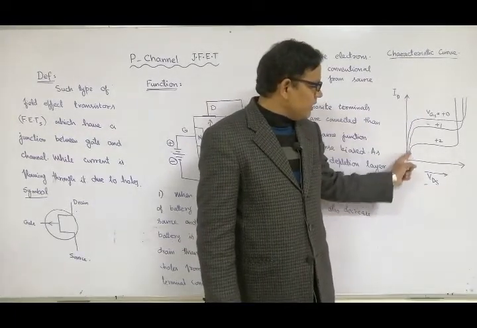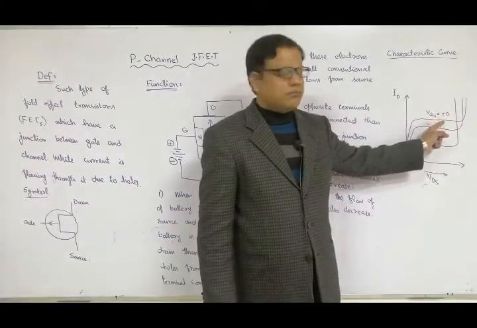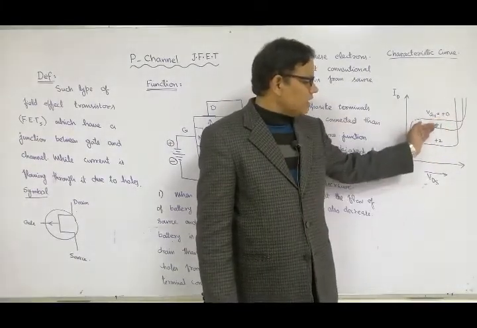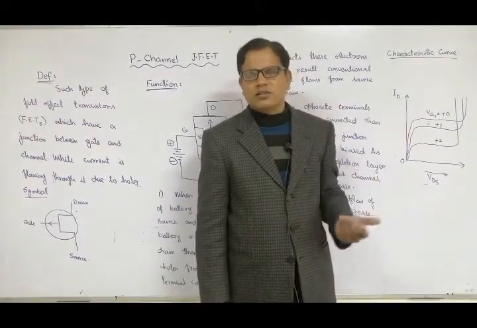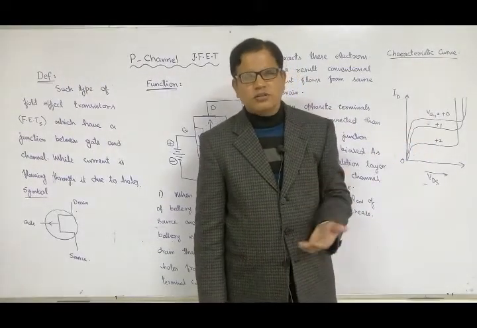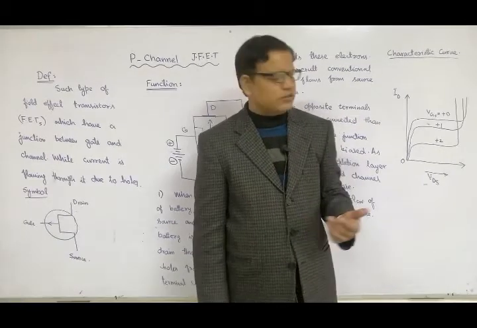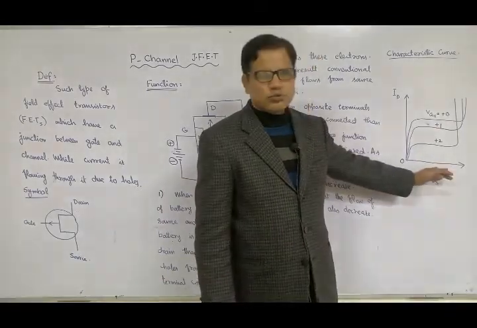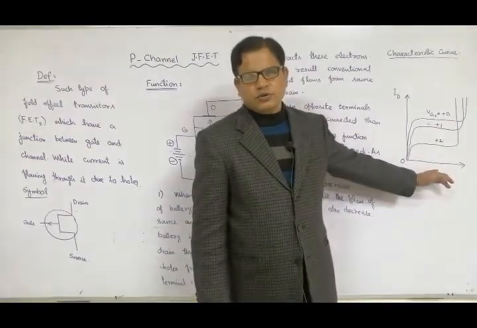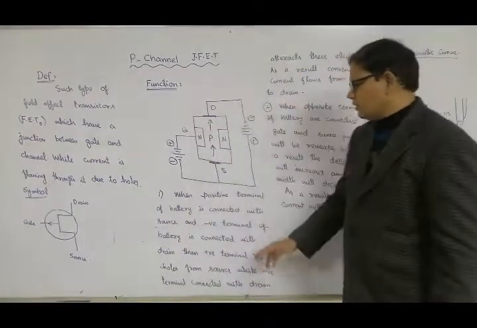When we apply VGS equal to 0, we get the maximum drain current; as VGS is increased to positive 1 and positive 2, the current decreases. At the end, it comes to the lower point, that is 0. This is basically how the characteristic curve works.